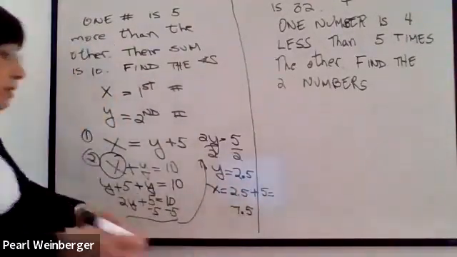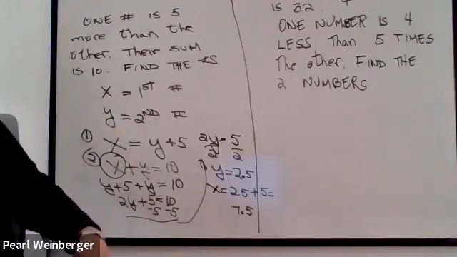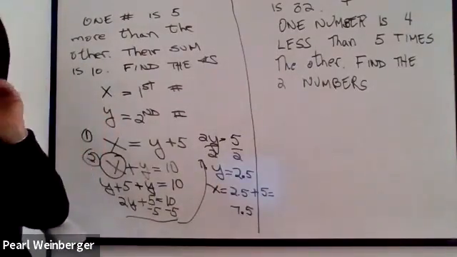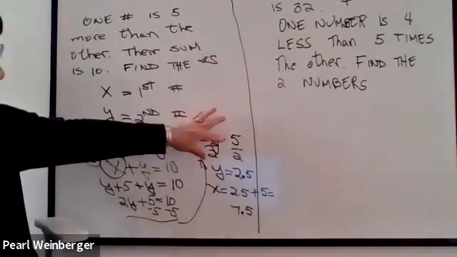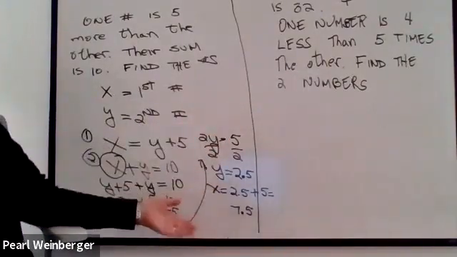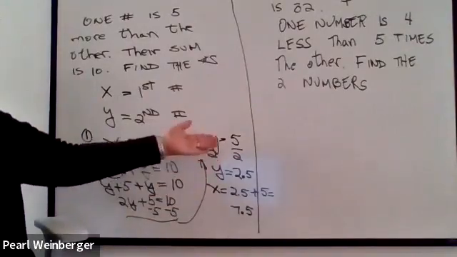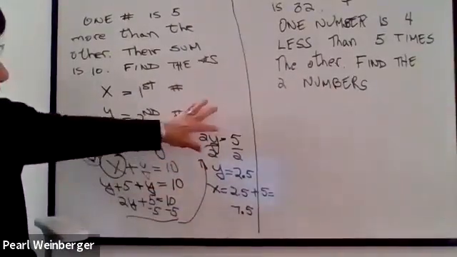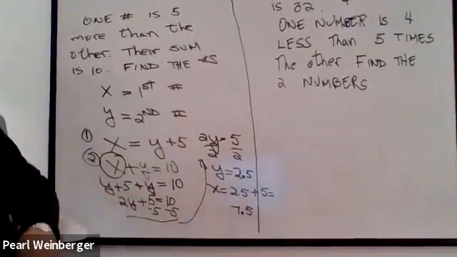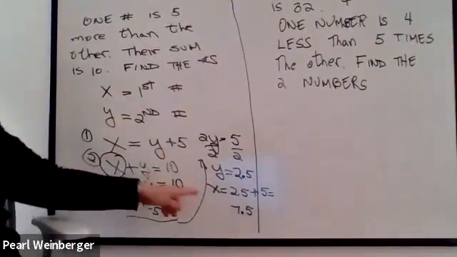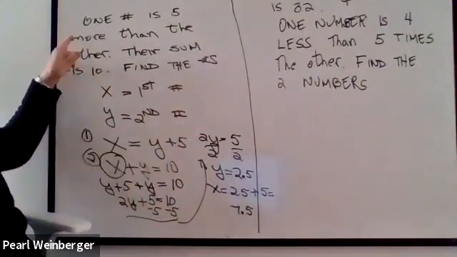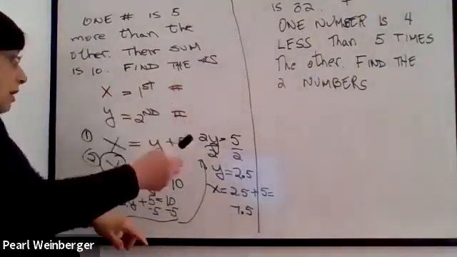So it turned out that these numbers didn't come out to be whole numbers. They came out to be fractions or decimals. You could have left it 5 halves, but it was easier just to take my calculator and do 5 divided by 2 and get my answer as 2.5.